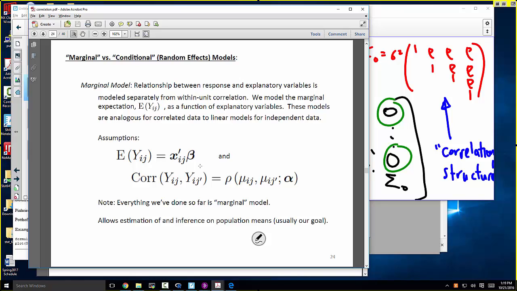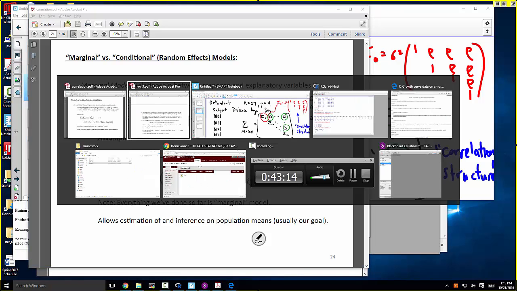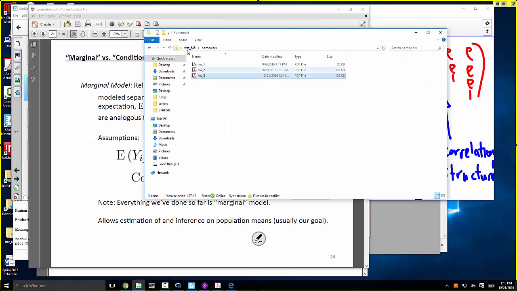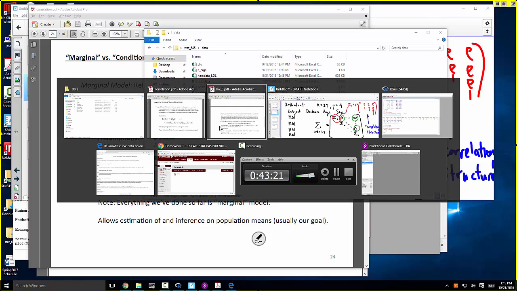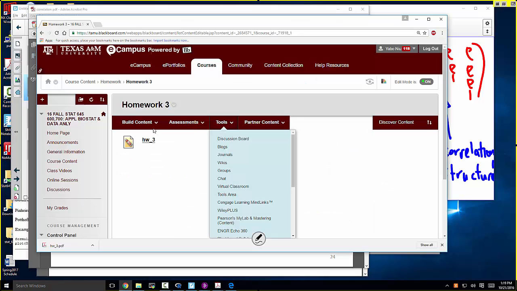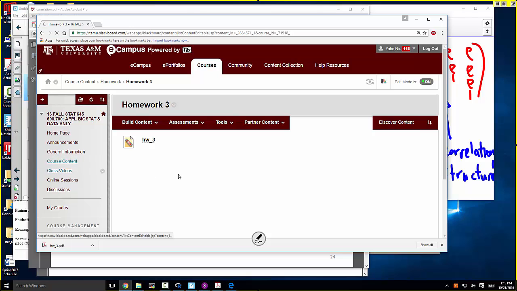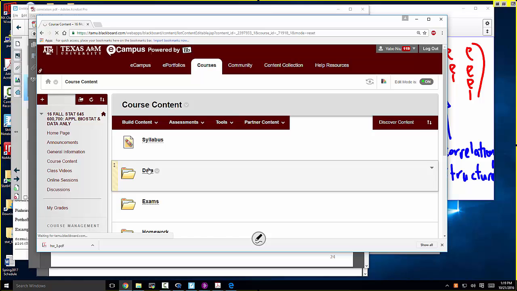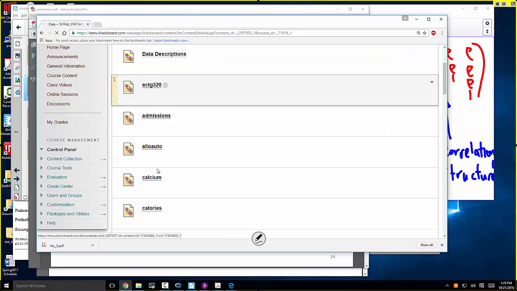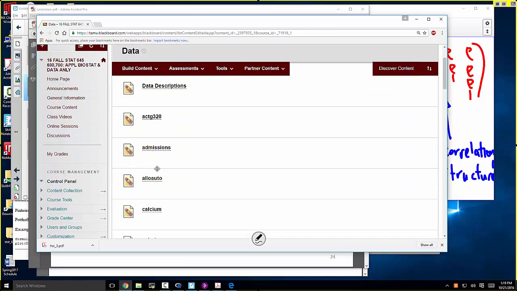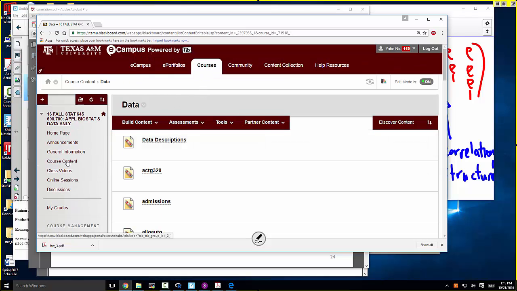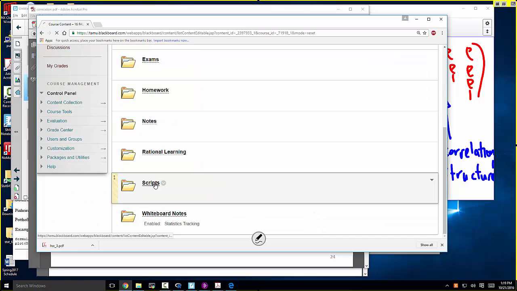Okay, let me show you an example. I'm going to go get a data set called BtB for Beat the Blues. Under data, let me go to scripts first.